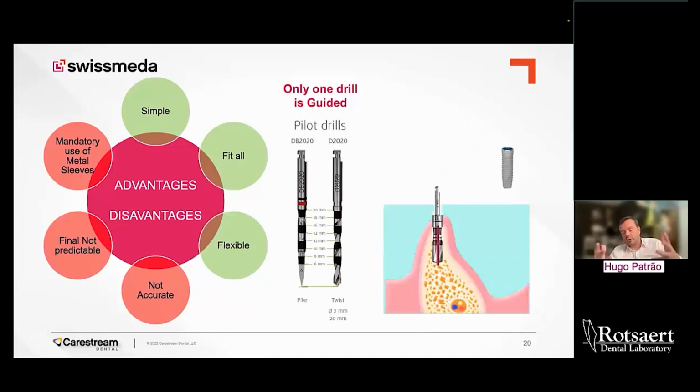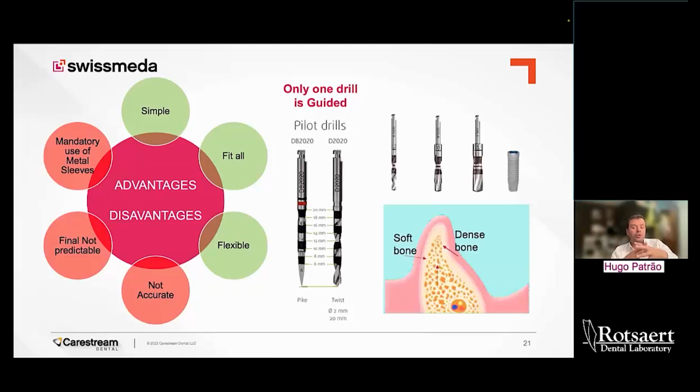The third or fourth drill would go even wider, and then the implant should go exactly on the axis of the pilot drill. And that would be the nice scenario. Although, as you can see on these slides, this is why I'm saying that the pilot drill is not accurate and not predictable.